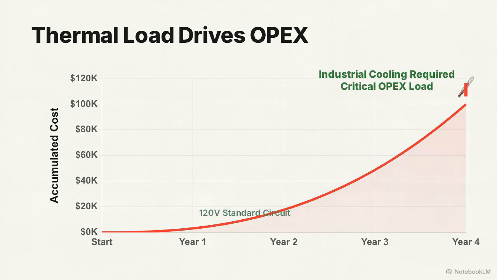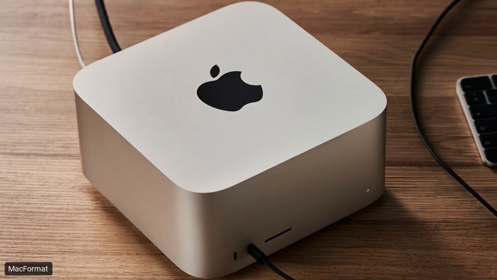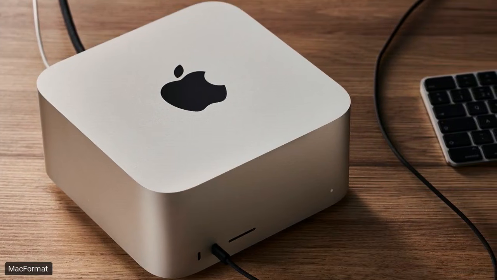On the right, the NVIDIA H100 array draws between 5,600 and 10,000 watts, necessitating dedicated 240-volt circuits and aggressive HVAC cooling. In contrast, the highly efficient 4-node Mac cluster draws under 600 watts, plugging safely into a standard 120-volt office outlet. It generates minimal ambient heat and requires absolutely zero specialized cooling infrastructure.